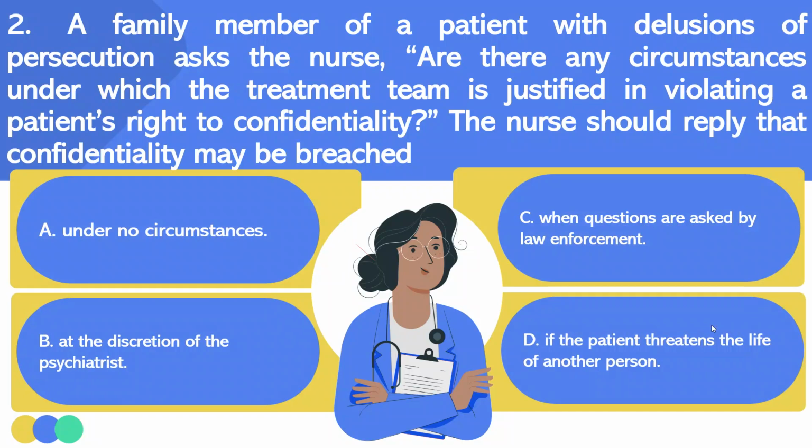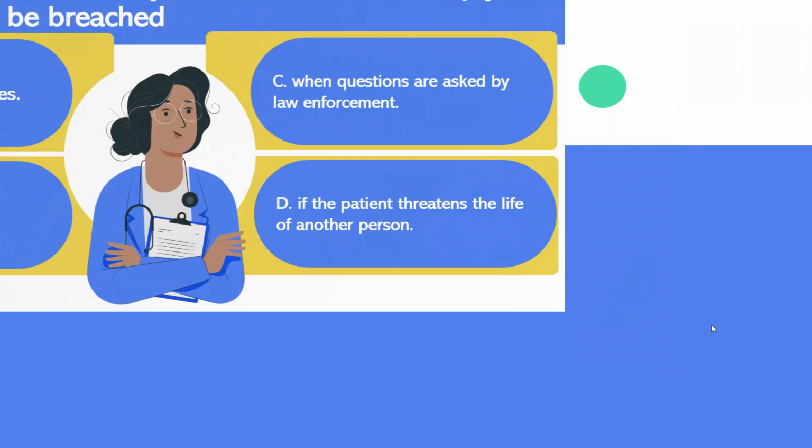So in this case, the best answer is letter D, because the priority focus when confidentiality may be breached is a problem of safety to self and to others. So letter A is eliminated, and it should not be the direct discretion of the psychiatrist or law enforcement; the first priority is safety of self and safety of others. Number two, the answer is letter D.